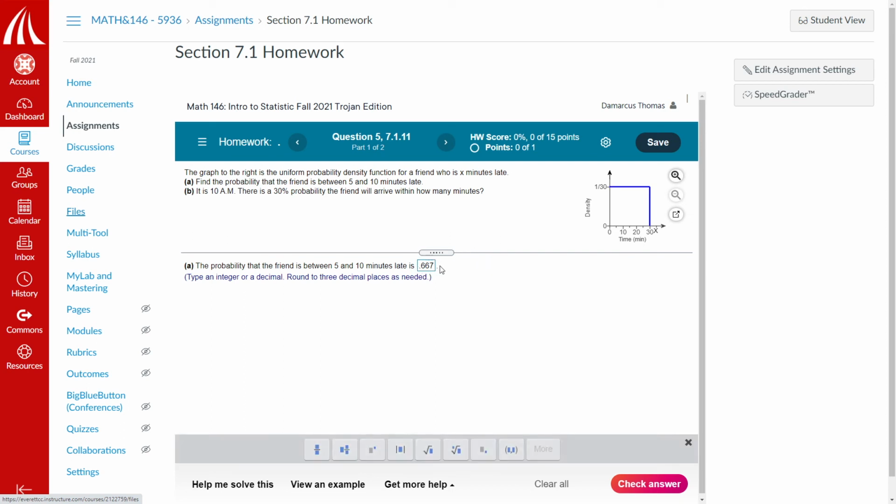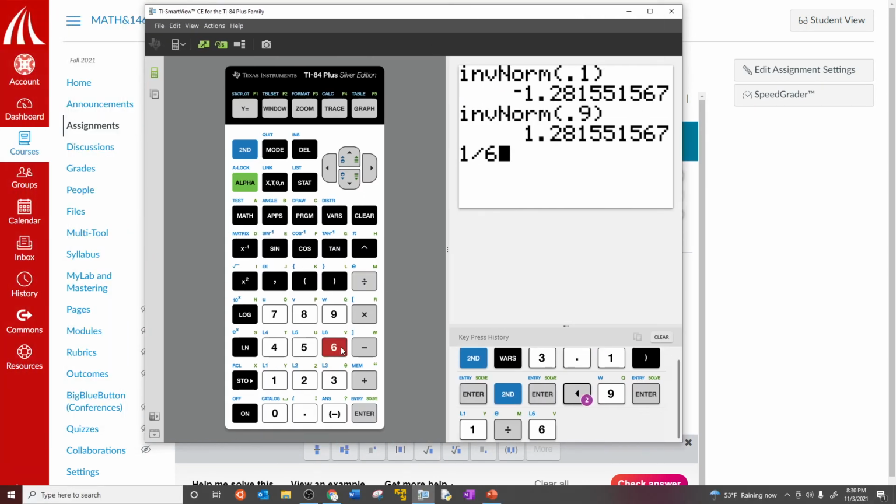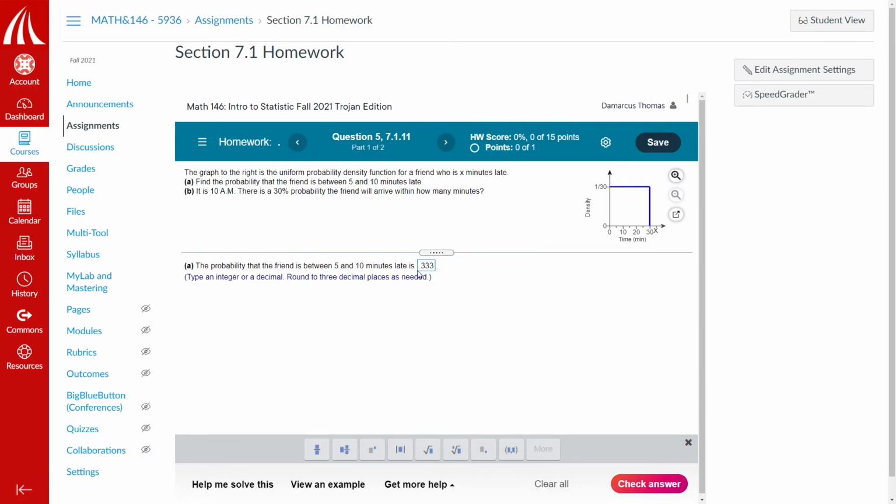Alright. It's actually 0.333. Let's see, 1/6. Oh, if we do 1 divided by 6, let's get the right amount for that. 0.1667. Okay, that's right.